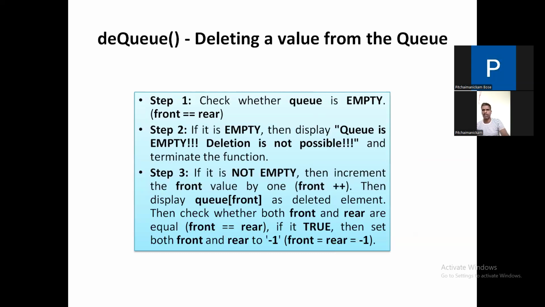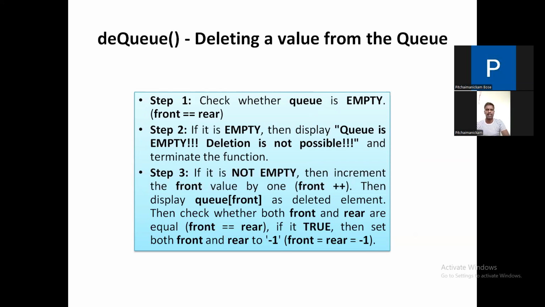So what about the dequeue operation? Dequeue is the deletion of a value from the given queue. First, we need to check whether the queue is empty: if front is equal to rear, both values are the same, so the queue is empty and deletion is not possible.